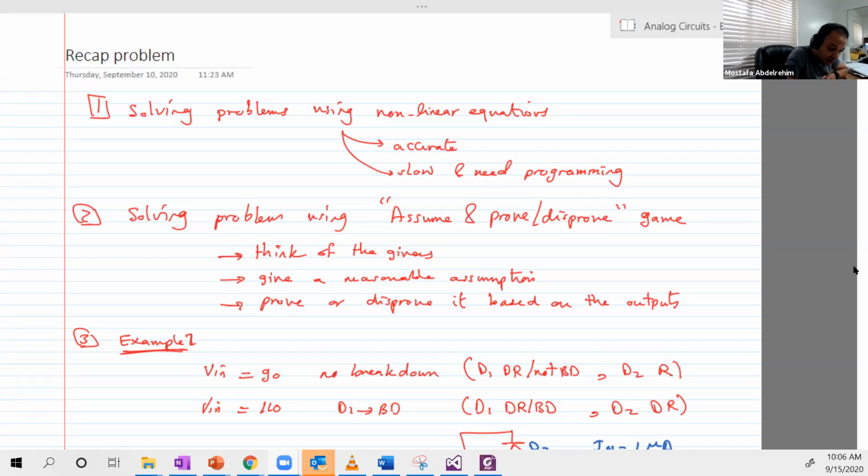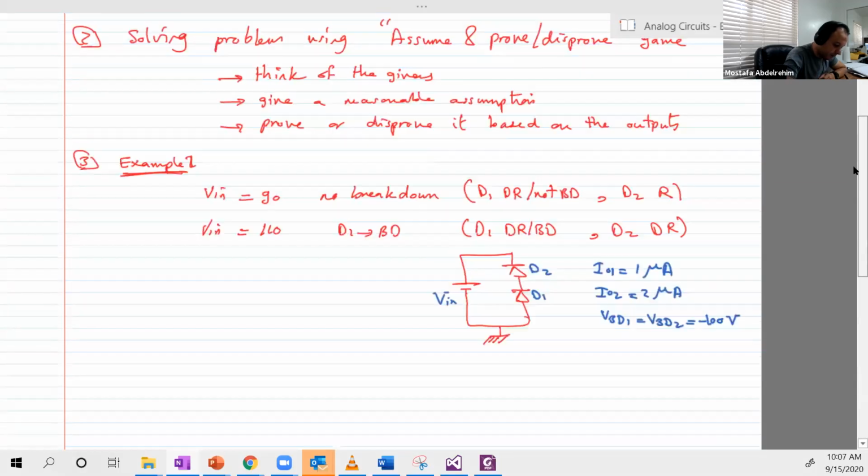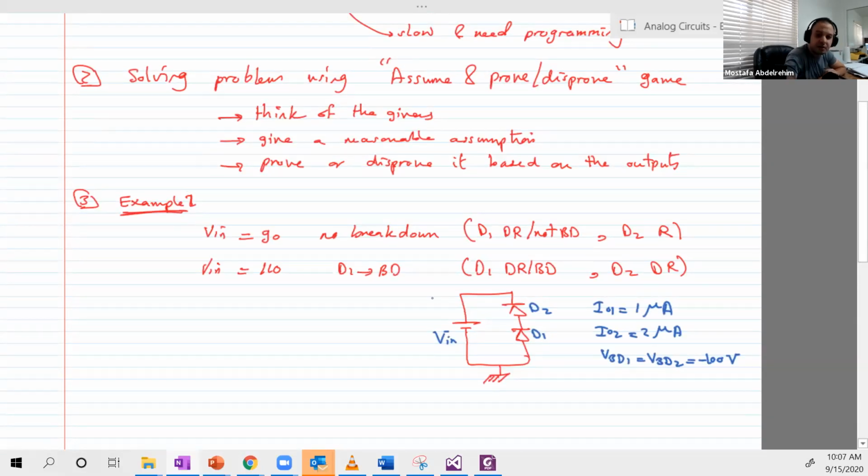We also studied this example here, okay, in which we studied the operating points of these two diodes, diode 1 and diode 2, in two conditions, or under two input voltages.